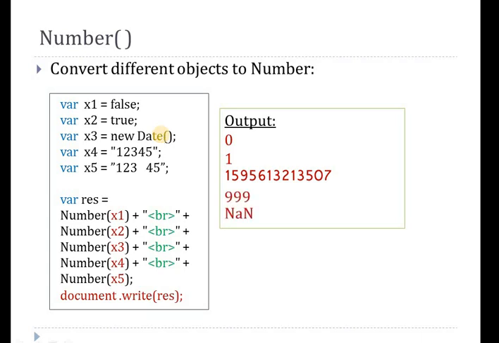After that, 999, that is 1 2 3 4 5, so its value is 999. And the last call, Number x5, here it is 1 2 3 space 4 5, which is not converted into a number. That's why it returned NaN, not a number.